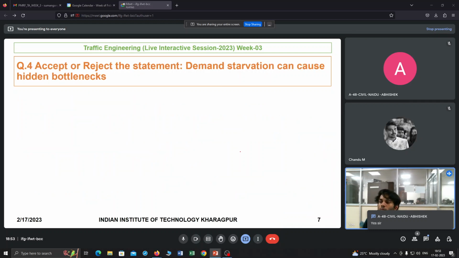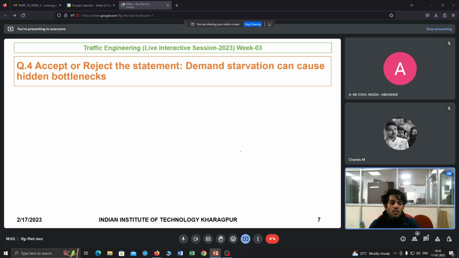Here you are saying that demand starvation can cause hidden bottlenecks. Accept or reject? So what is called demand starvation? Demand starvation means that if the capacity of a particular segment doesn't allow the true demand to pass, it is actually causing a bottleneck on the next subsequent sections, right?